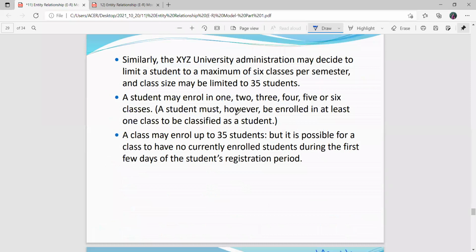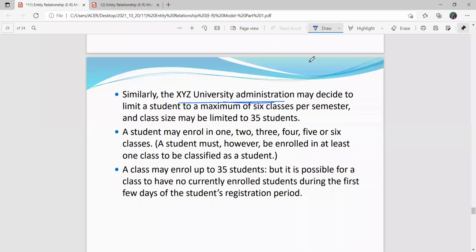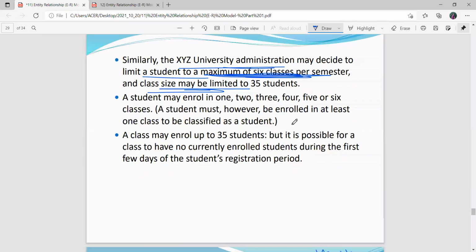Again, the XYZ administrator decided to limit students to a maximum of 6 classes per semester. So a student can only take 6 classes per semester and class size may be limited to 35 students. Okay.